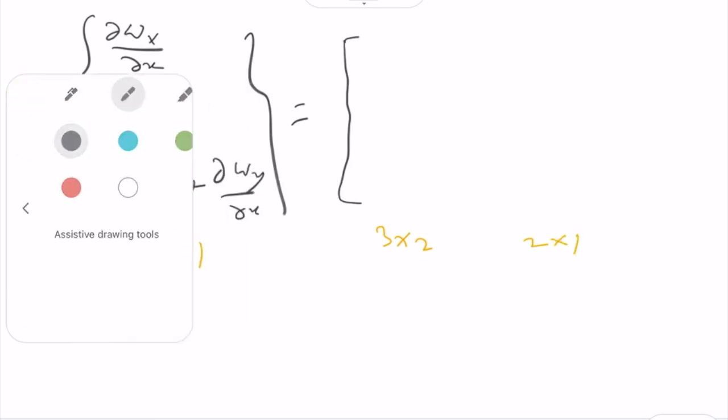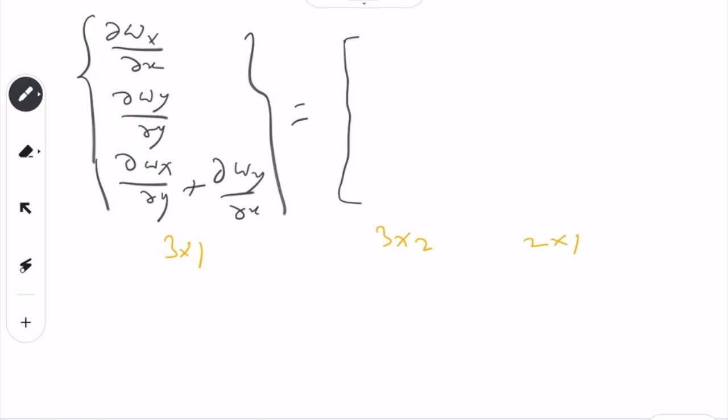How? We write in the same form as we have seen earlier. And what is that? We are going to write here, and here we will have wx, wy.